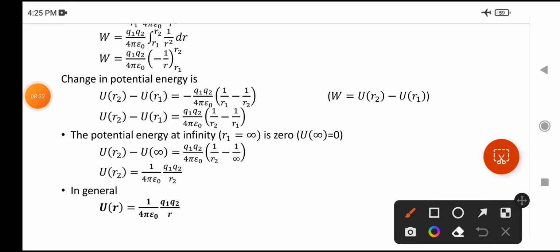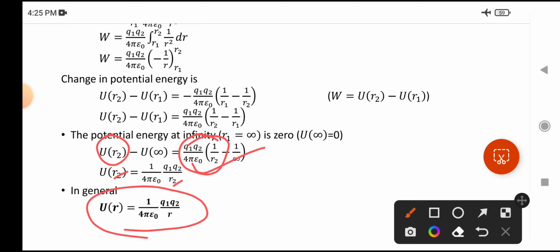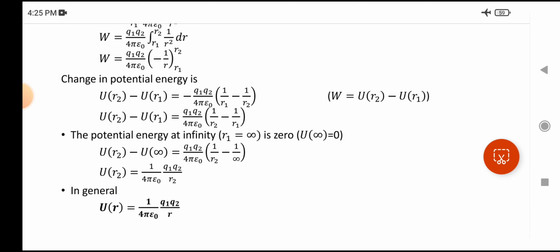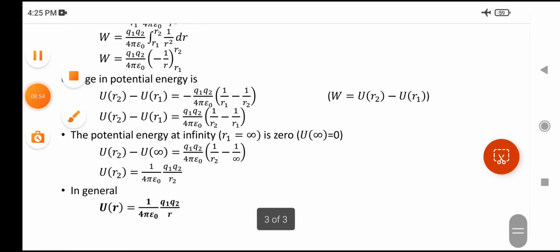In general, the potential energy as a function of distance is U(r) equals 1 by 4 pi epsilon naught q1 q2 by r. When we consider two charges, this is the formula.